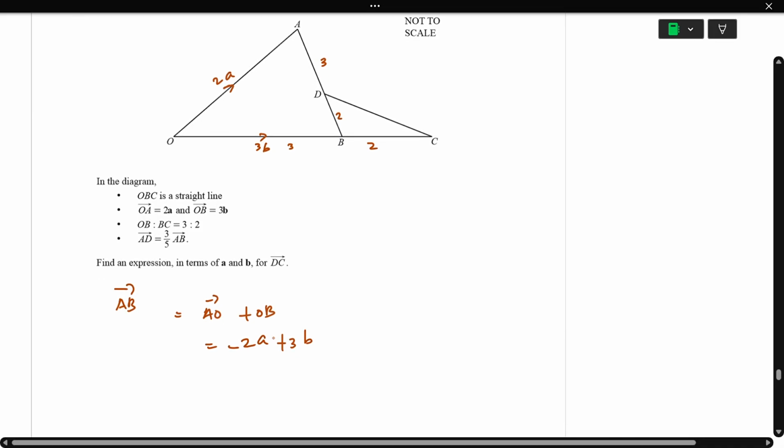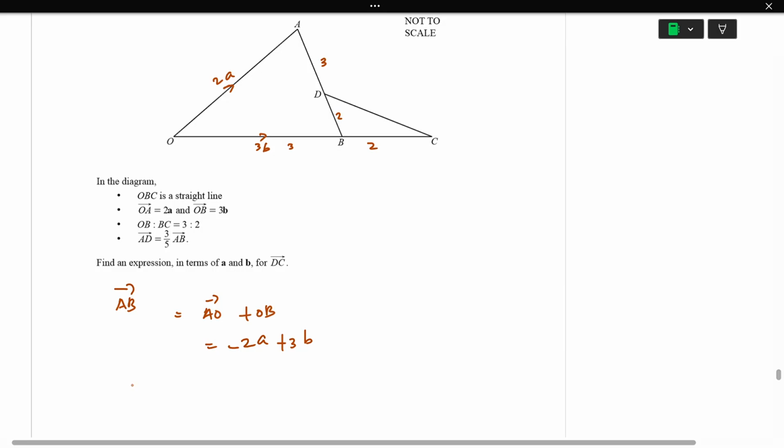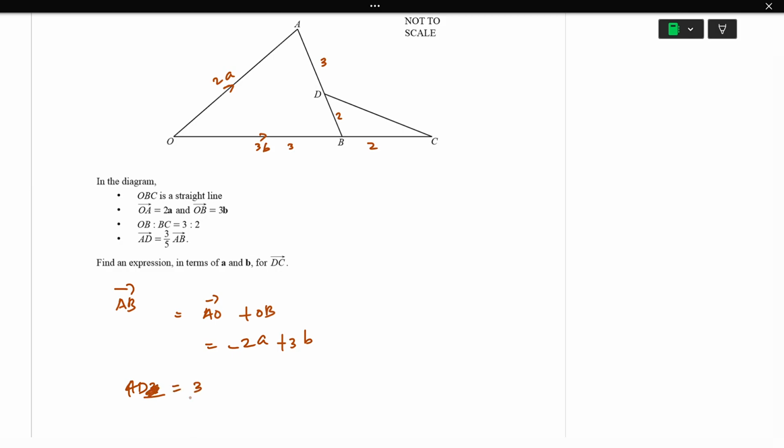Next, AD equals 3/5 of AB, which is 3/5 of minus 2A plus 3B.